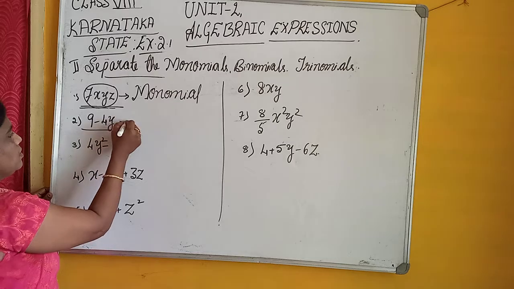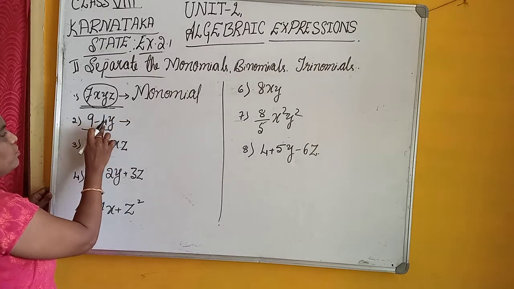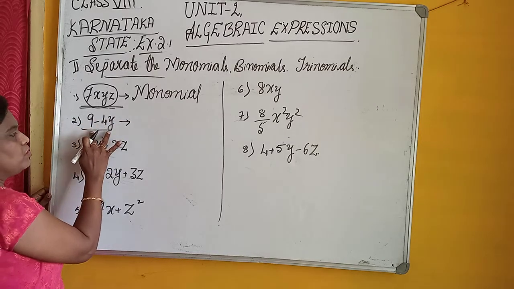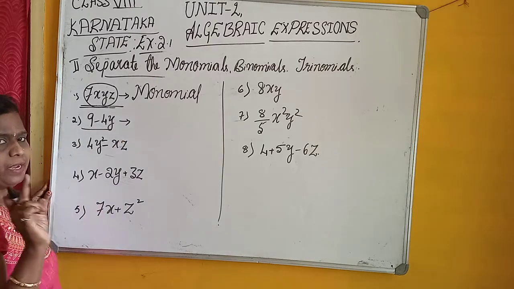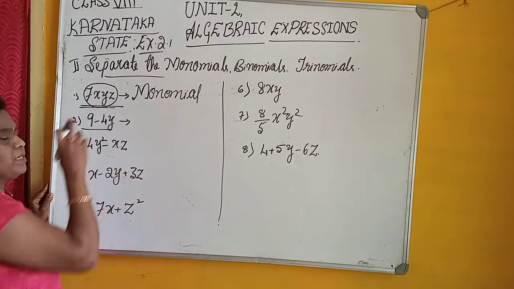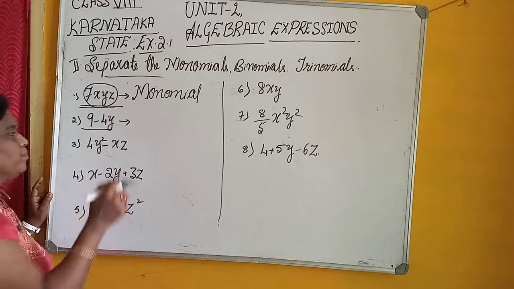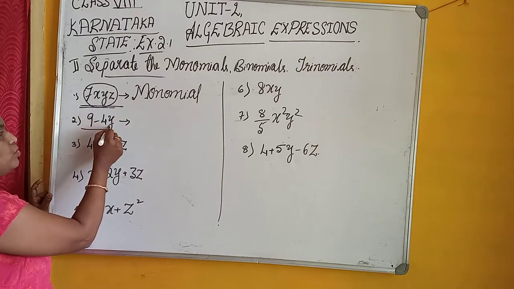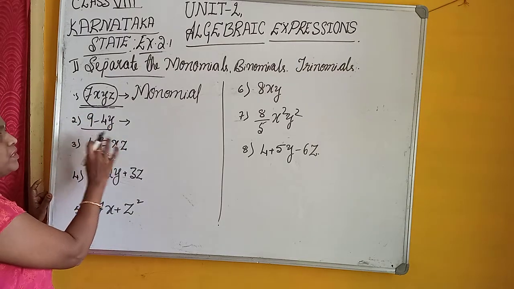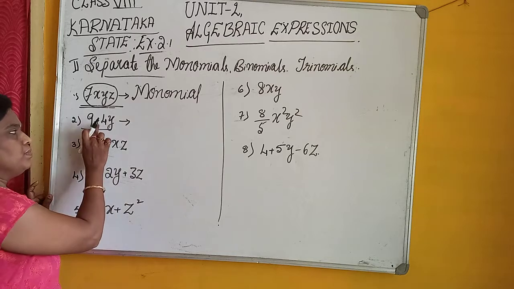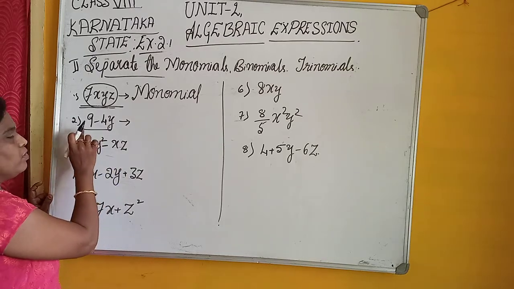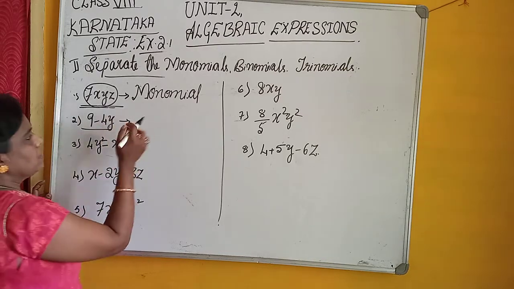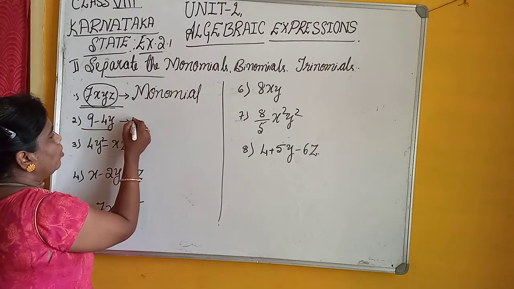Here in this you are getting 9 minus 4y. There are two terms which are separated by minus. Each term is considered as one term. It consists of two terms separated by the symbol minus. Therefore, we can say it is a binomial.